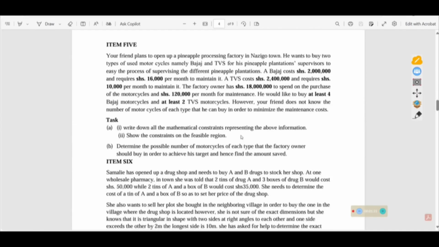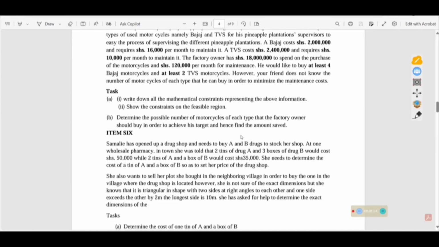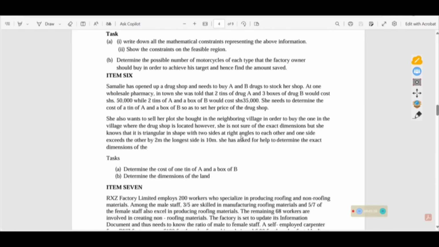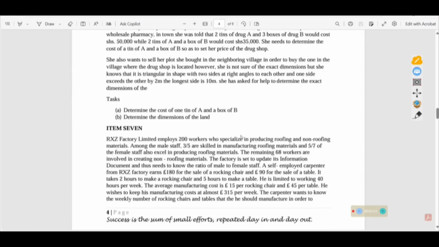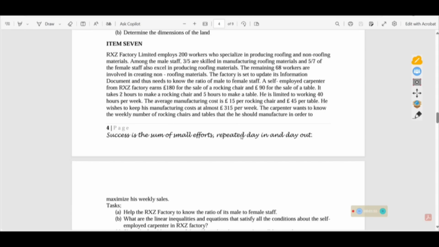Likewise, item 5. And also item number 6. We also have item 7.